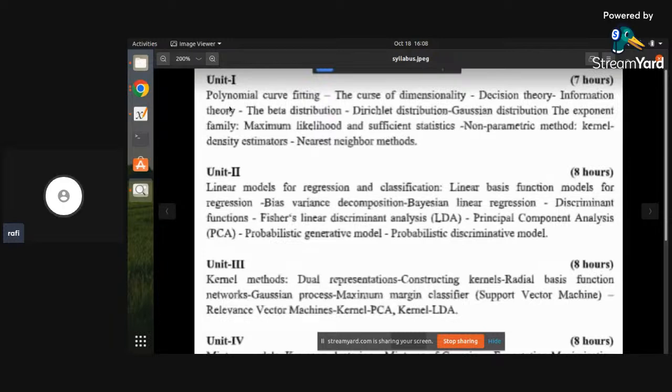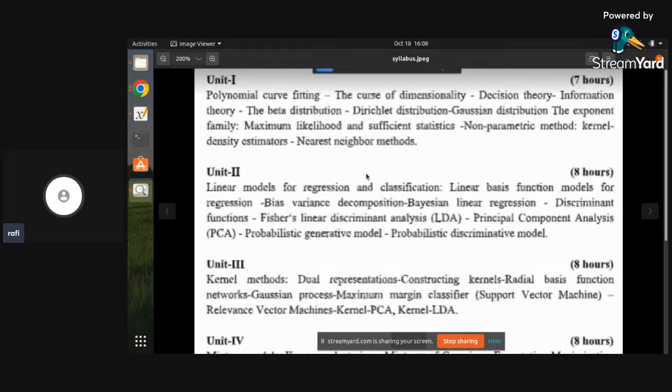We have polynomial curve fitting, which is the basic step towards pattern recognition, and we see the curse of dimensionality, decision theory, information theory, all these basics. They are divided in parts, but all together form a good foundation to learn the advanced topics. Basically, the first unit completely deals with the foundation concepts required for understanding pattern recognition methods.